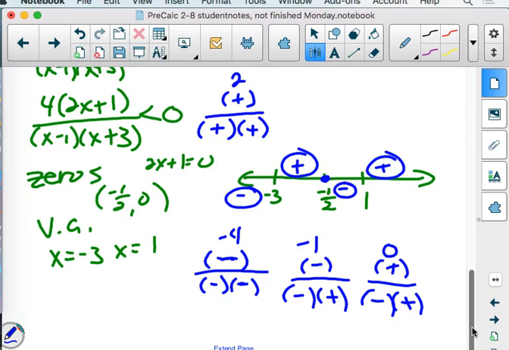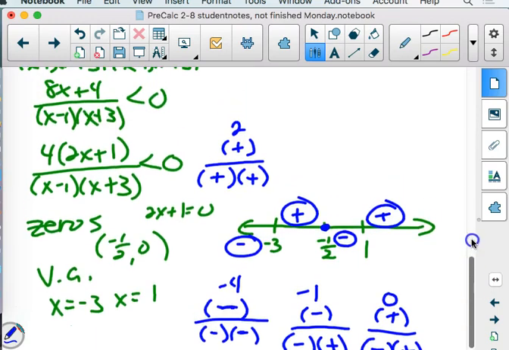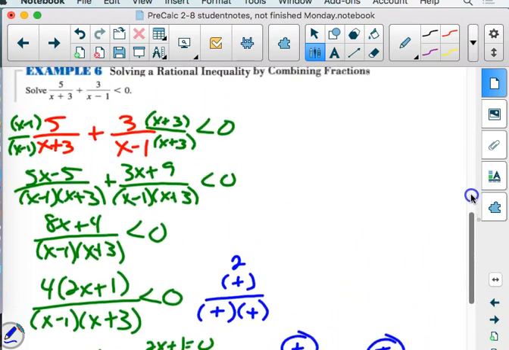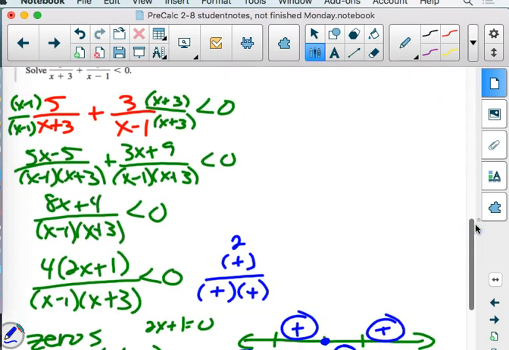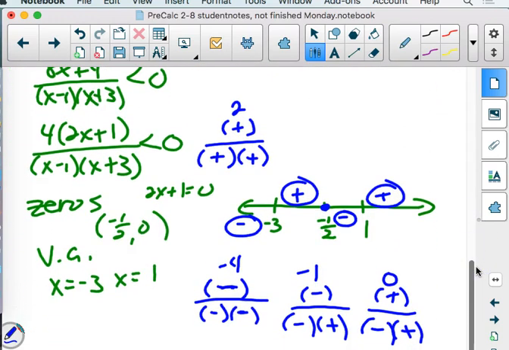Well, what are we supposed to do with this? Say when it's less than 0. So, way back up here, all the way to the beginning, you can look at it. You can say, hey, this is what I'm trying to do, less than 0. But if you're writing that as you go, you can absolutely see when is it less than 0. Are we going to include endpoints if it has to be less than 0?